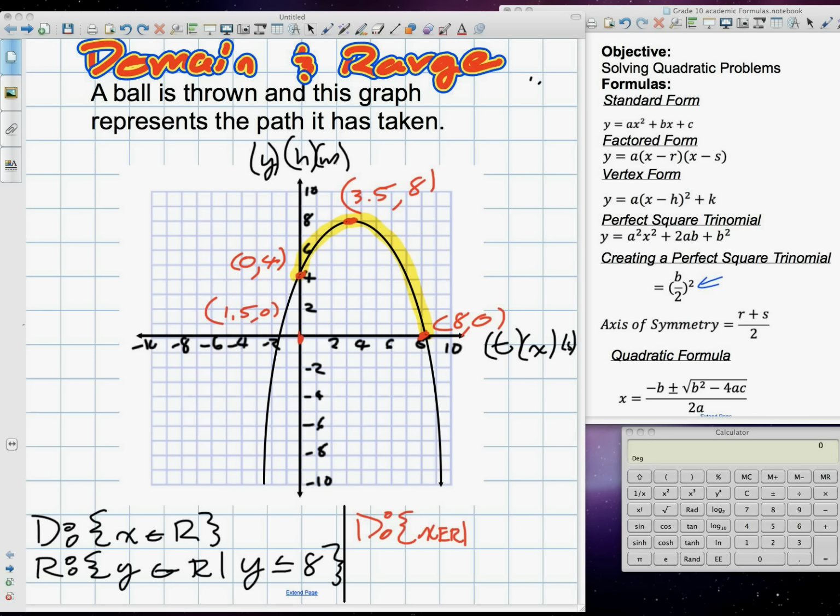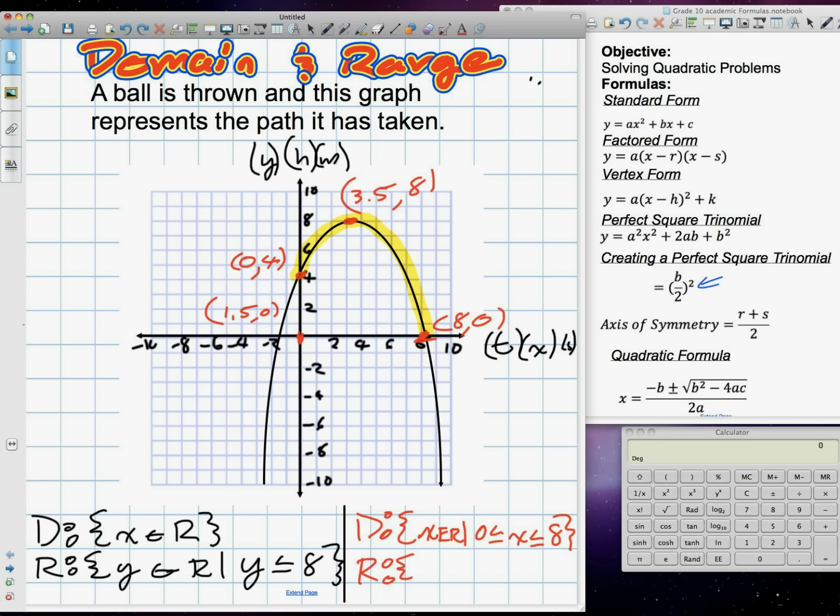So like we were saying, the domain, x is every real number, and it exists in terms of seconds. It's thrown at 0 seconds, and when does it hit the ground? 8 seconds. So x exists where x is greater than or equal to 0 and less than or equal to the number 8. Okay? So that is the domain of this ball.